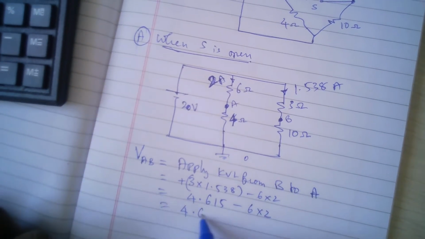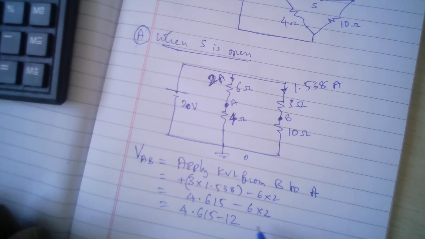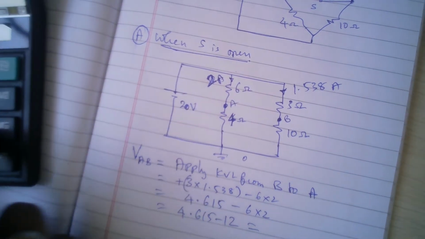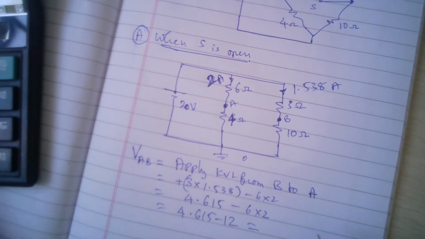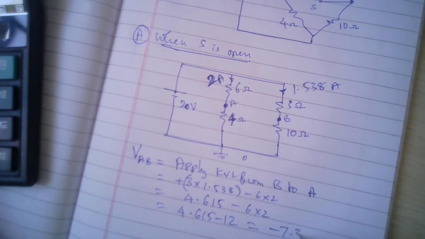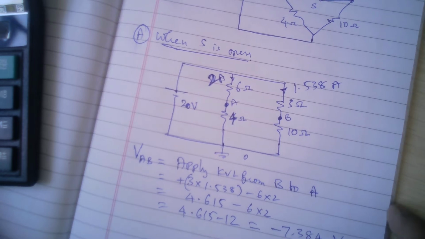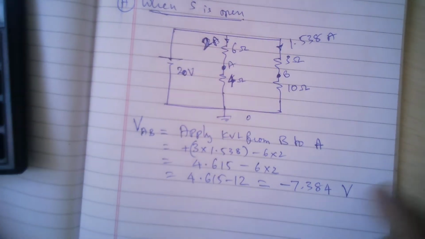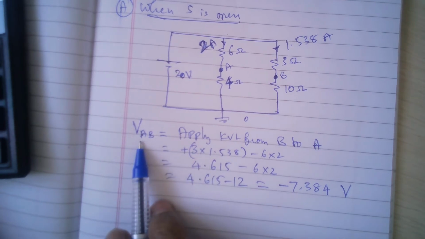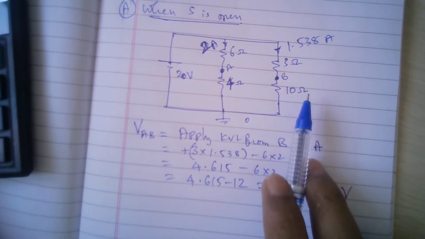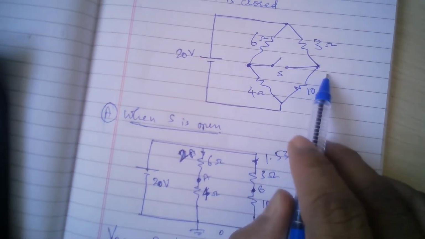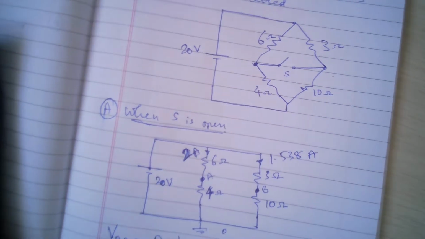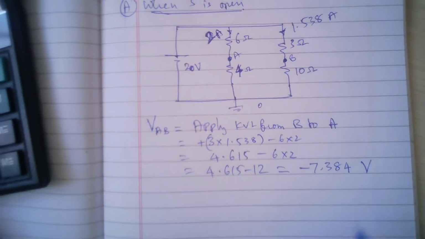So 4.615 minus 12 is minus 7.384. Okay, so this is the answer. The potential of point A with respect to point B is lower, so B is at a higher potential. So in case the switch is closed, the current would flow in this direction.